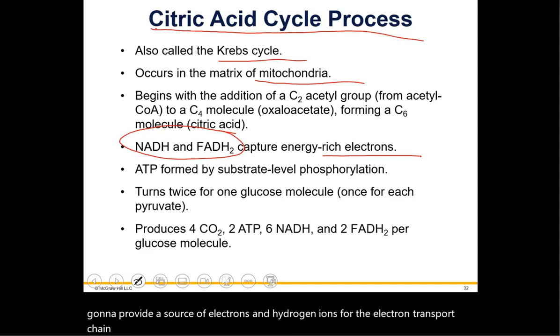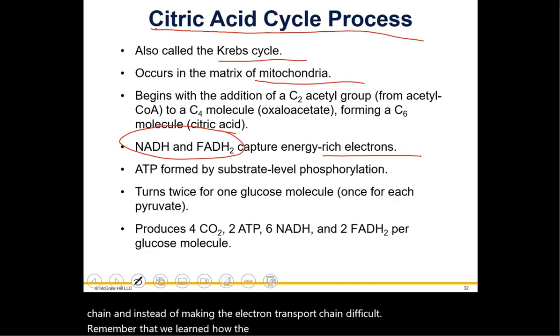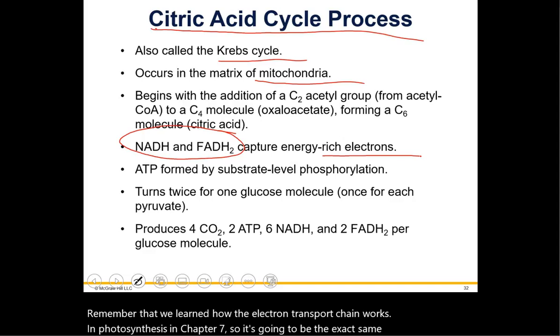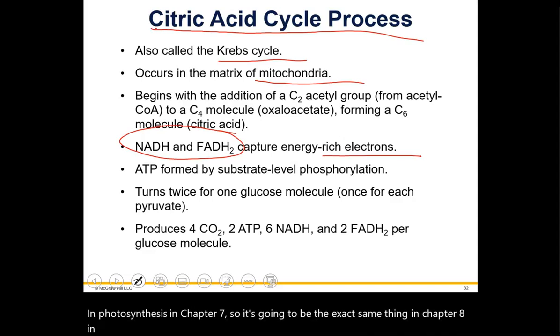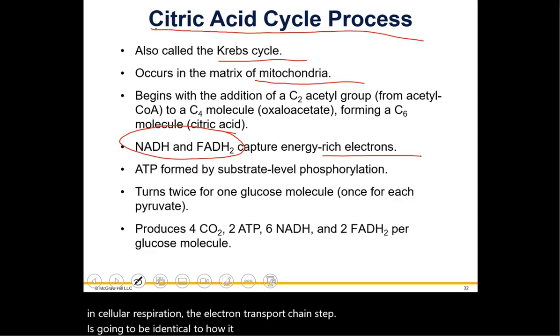And instead of making the electron transport chain difficult, remember that we learned how the electron transport chain works in photosynthesis in Chapter 7. So it's going to be the exact same thing in Chapter 8. In cellular respiration, the electron transport chain step is going to be identical to how it was in Chapter 7 in photosynthesis.